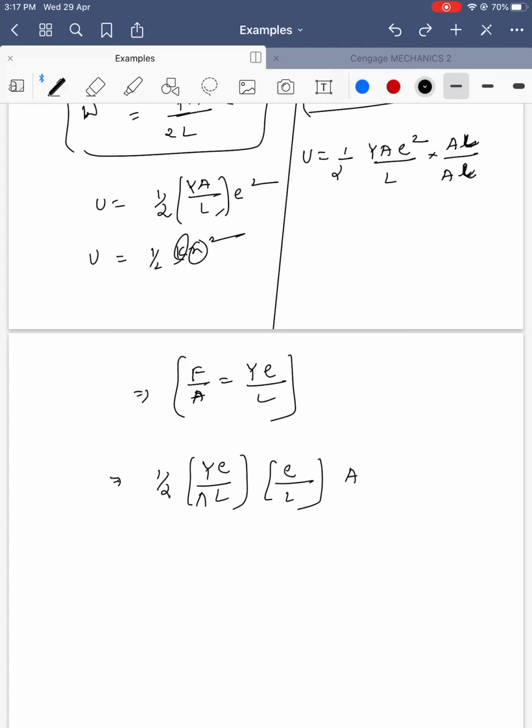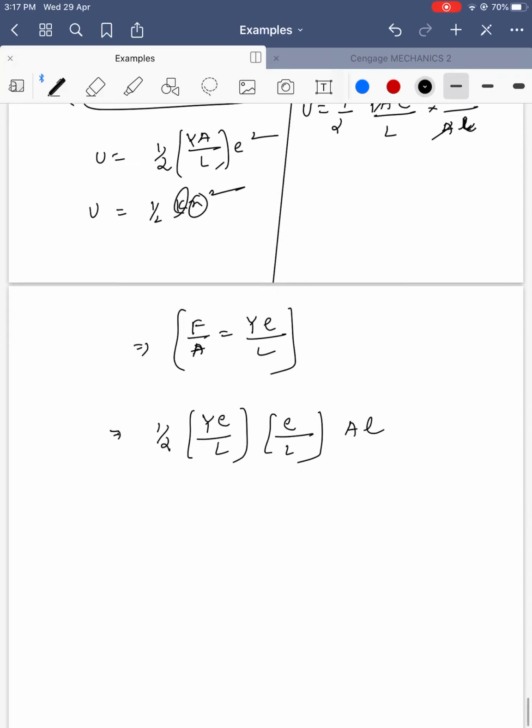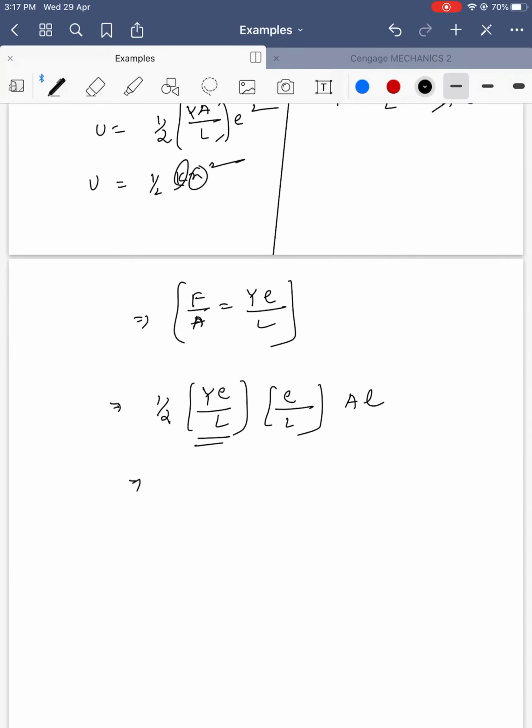Stress is equal to Ye by L, and with area into length, the area gets cancelled. So Ye by L is nothing but stress. I can write half into stress into e by L, which is nothing but strain, into volume. Half into stress into strain into volume.